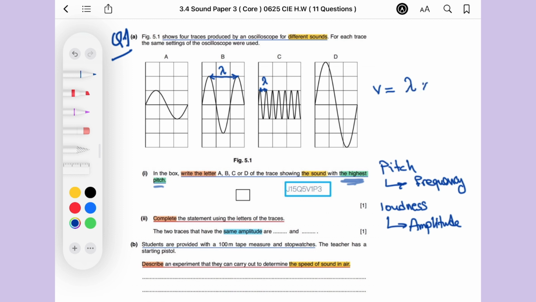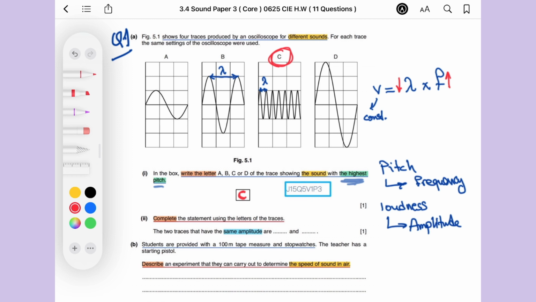Wavelength is inversely proportional to frequency if the speed of sound is constant. So if we have a shorter wavelength, it means the frequency will be higher. Is it clear? So the answer for this one is C.